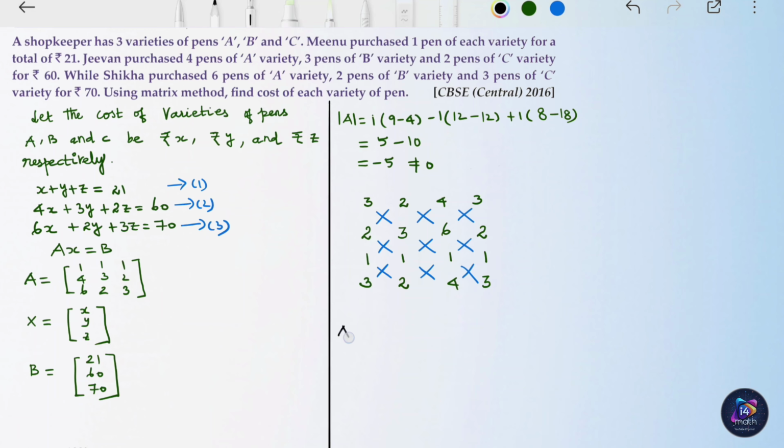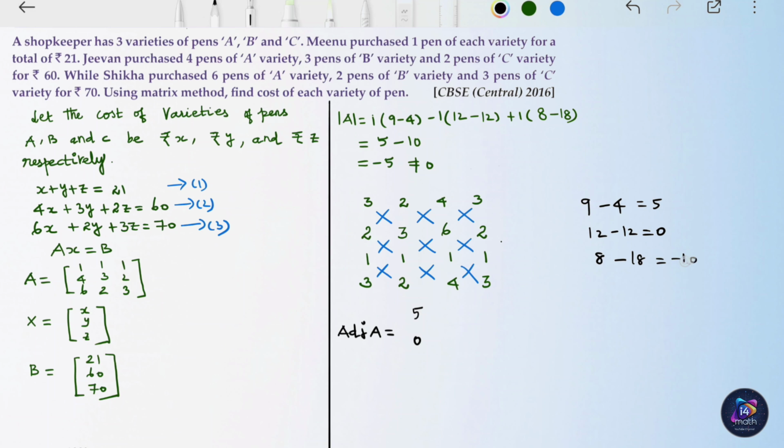Adjoint of A is equal to... Now, 3 3s are 9, minus 2 2s are 4. 9 minus 4 is equal to 5. Next, 2 6 are 12, minus 4 3s are 12. That is 0. 4 2s are 8, minus 6 3s are 18.